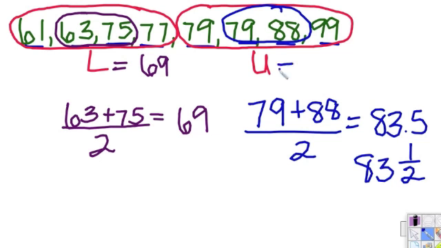So that's your median for the upper group. Other than that, you're just splitting them into two different groups, an upper and a lower, and you find the median of those two. And that's how you do box and whisker plots. Hopefully that helped you for your homework.